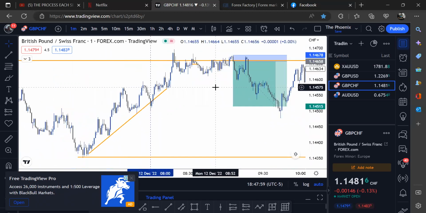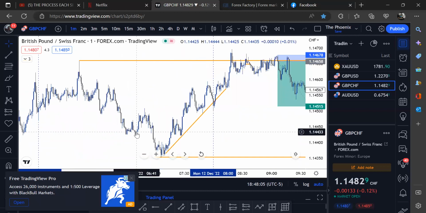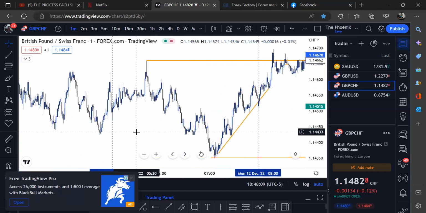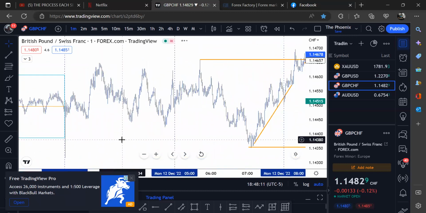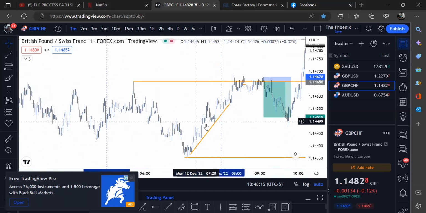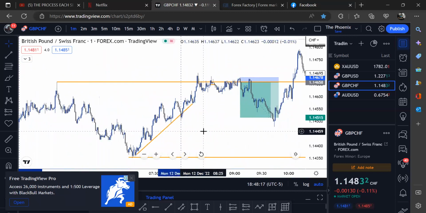In terms of targets, this entire trend line here is liquidity, but because the low of Asia was already taken here, I logically would not expect price to be coming all the way back down here now.